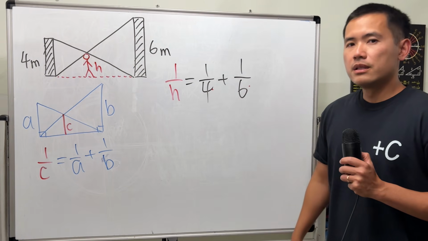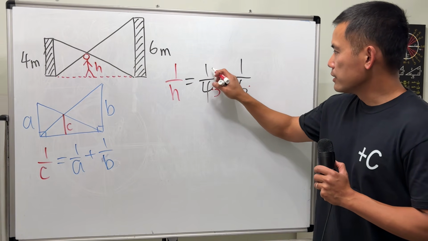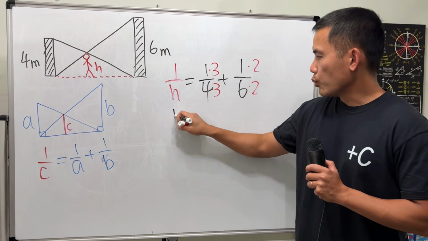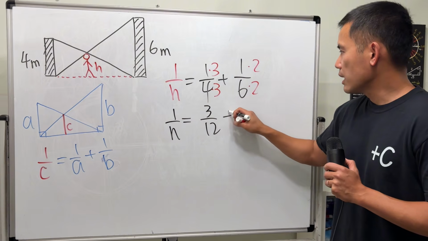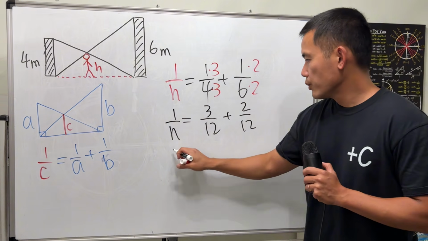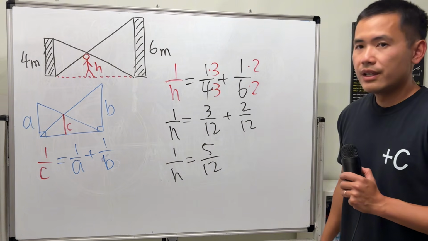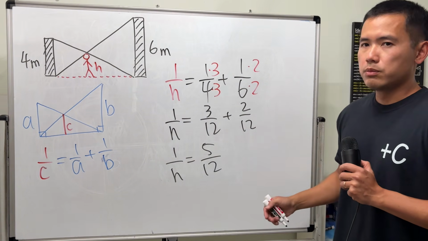For 4 and 6, the common denominator is 12. Right here, I need to multiply this by 3 and this by 3. Right here, multiply by 2 and 2. So 1 over h equals 3 over 12 plus 2 over 12, which is 5 over 12. Do the reciprocals on both sides.